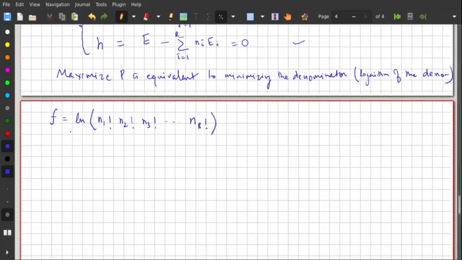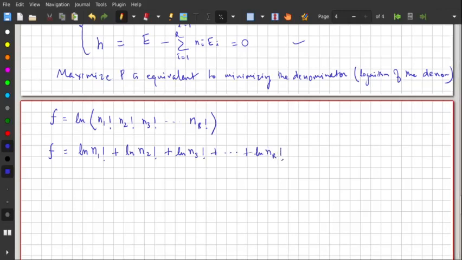Using the properties of logarithm, where the log of a product of quantities can be converted into additive quantities, you can write this as log of n1 factorial plus log of n2 factorial plus log of n3 factorial plus and so on up to log of nR factorial.